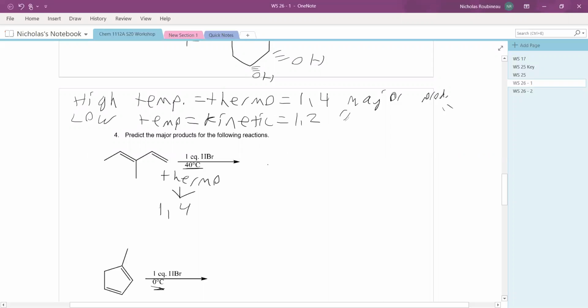So the 1,4 product has the double bond in the position between carbons 2 and 3 because again we went for a resonance form.